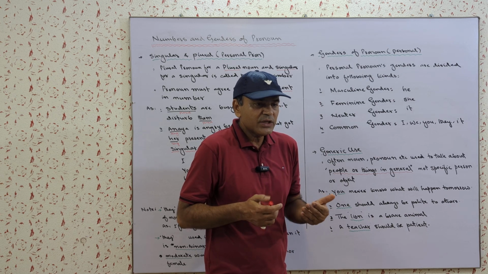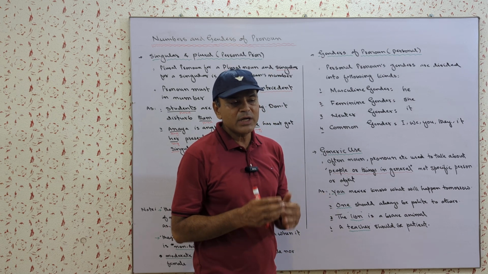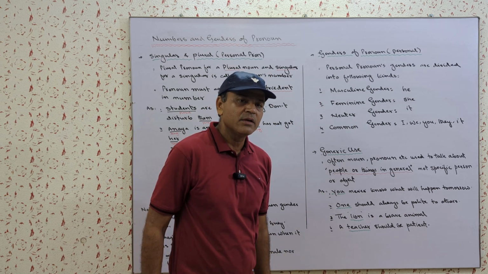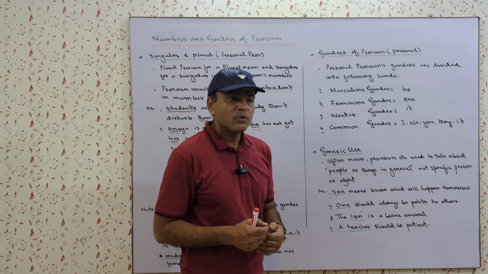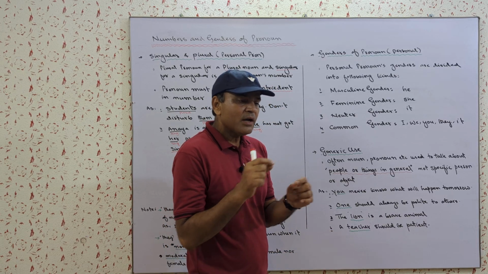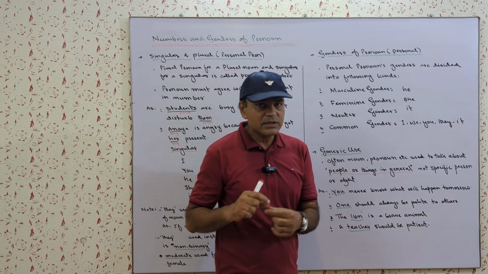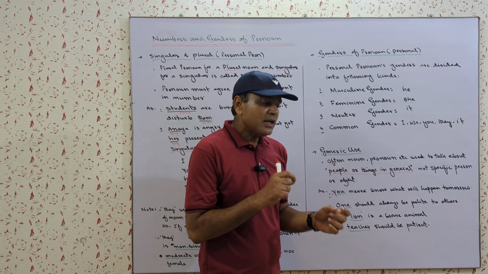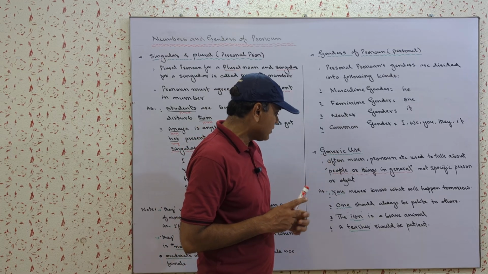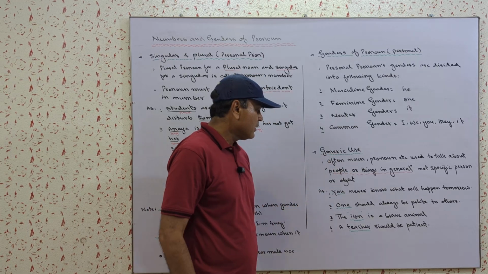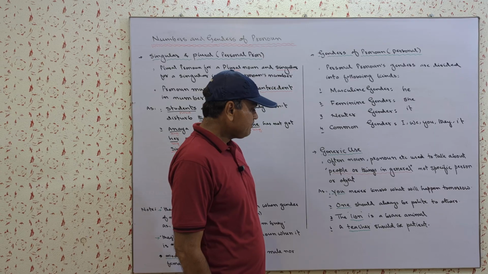Sometimes we generalize things. We do not address a particular person, but we generalize. In that case, whether it is a noun or a pronoun, that particular use is called the generic use of them. Let us understand it through examples.